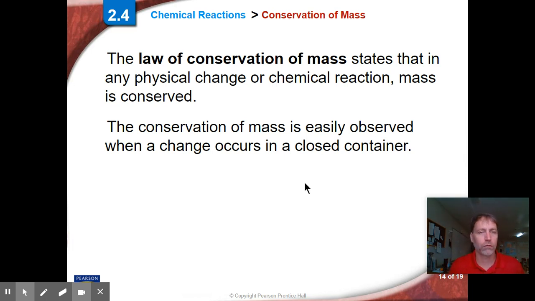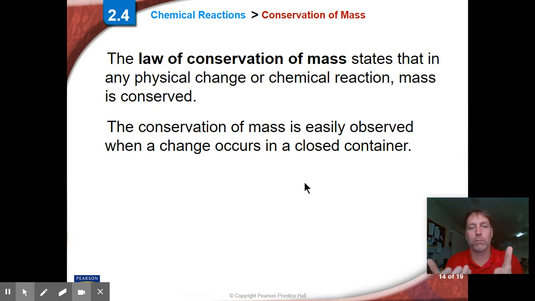So let's go back to the vinegar and baking soda example. If I weighed my baking soda and my vinegar beforehand, and I weighed the containers I was using, in theory, if I put those two together and I see some bubbling happening, it should weigh the same. It won't, but it should. The reason it doesn't weigh the same is that gas has escaped.